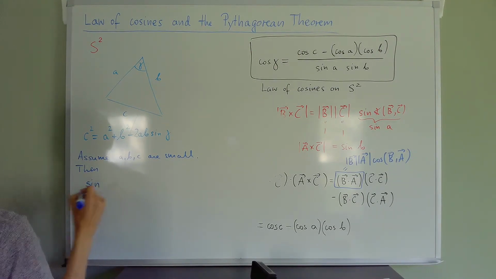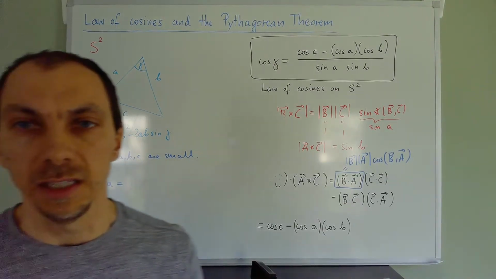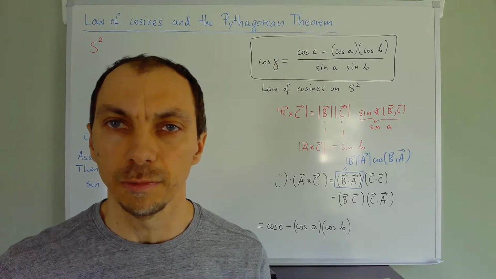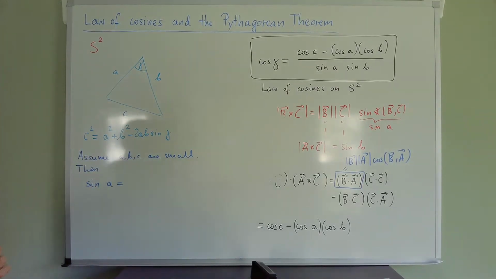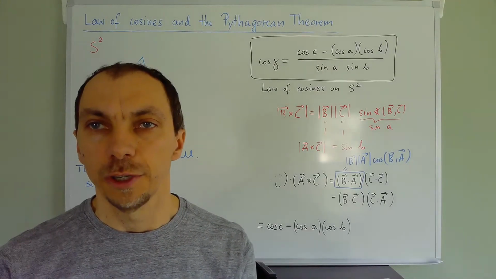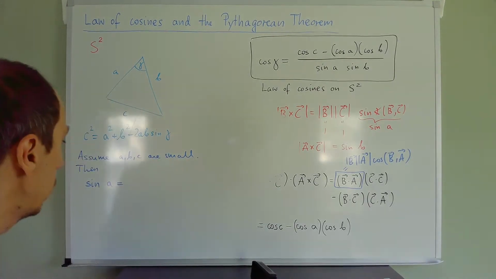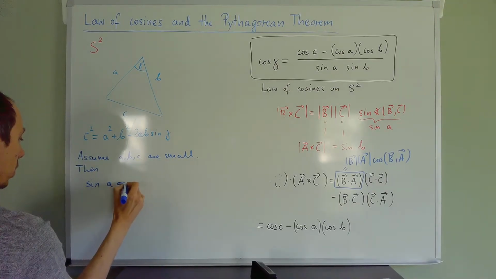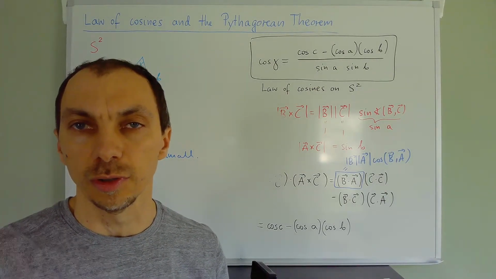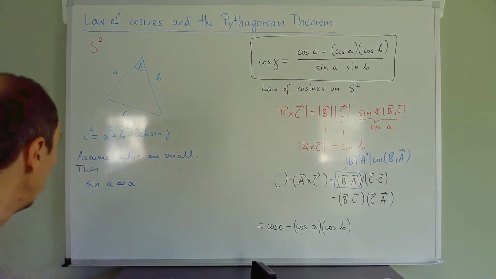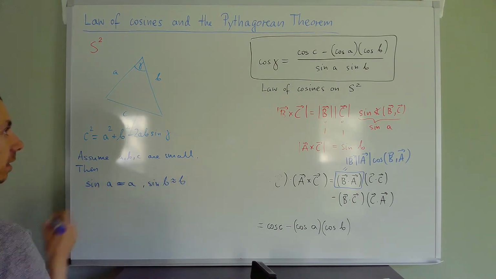If you just remind yourself the Taylor series of sine, sine x is x minus x cubed over 3 factorial plus x to the 5 over 5 factorial, and so on. But if x is really small, then only the first non-constant term will matter. So sine A is approximately equal to A. The next term would be minus A cubed over 3 factorial, but we just ignore all the higher order terms. So similarly, sine B would be approximately B.